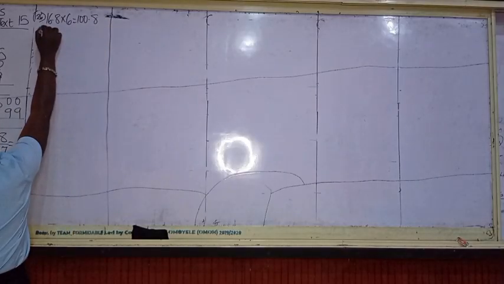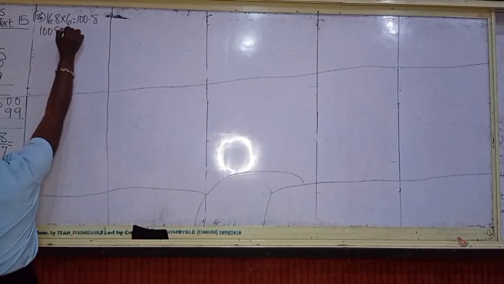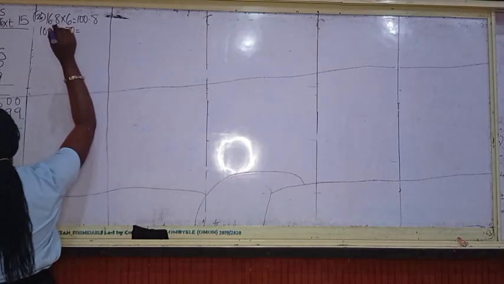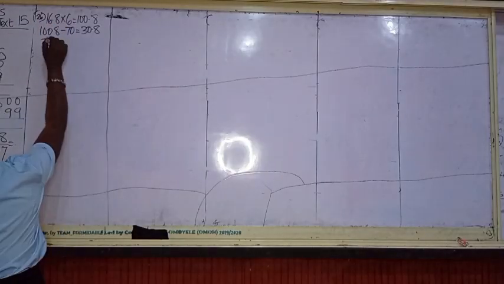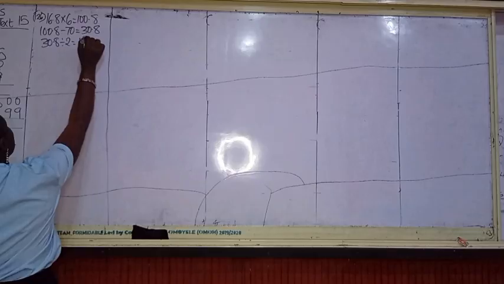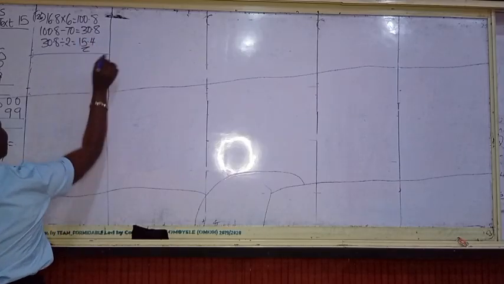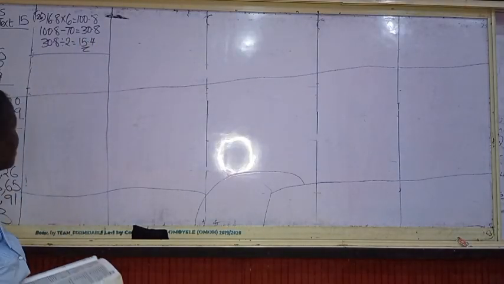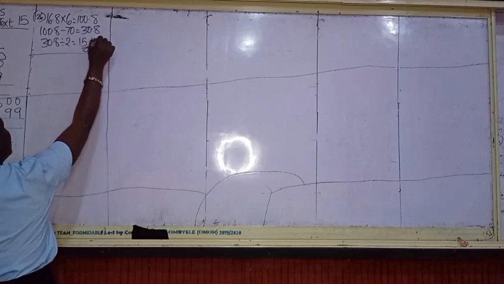So that will be 100.8 minus 70, which is equal to 30.8. 30.8 divided by 2, and that will be 15.4. So the weight of each of them will be 15.4 kg.